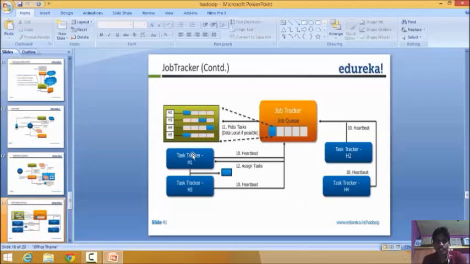The task tracker sends a signal called a heartbeat to the job tracker. By sending that, it acknowledges: I am free, I am alive, you can assign a job to me, I am ready to perform the job. After receiving the heartbeat, the job tracker knows that this task tracker is free now and assigns the required job.